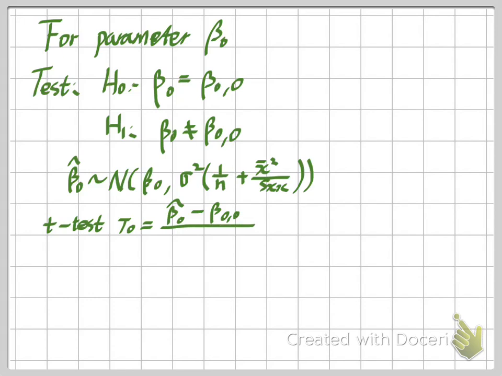But the difference is that we still divide by our standard deviation, but because now our beta 0 has a more complicated variance, the denominator is the square root of sigma hat square times the parentheses 1 over n plus x bar square divided by S sub double x.